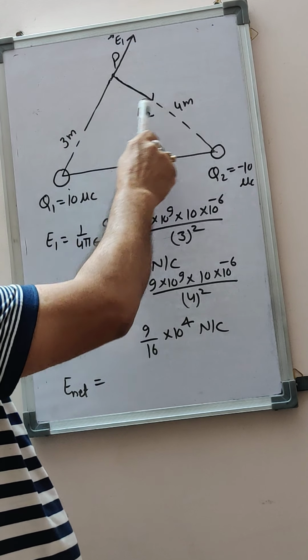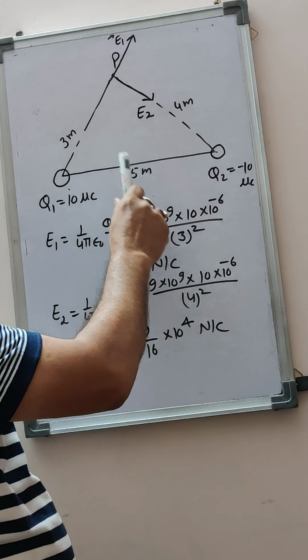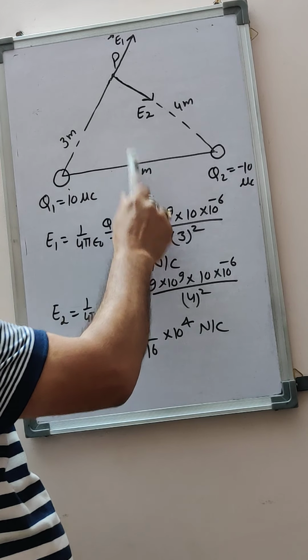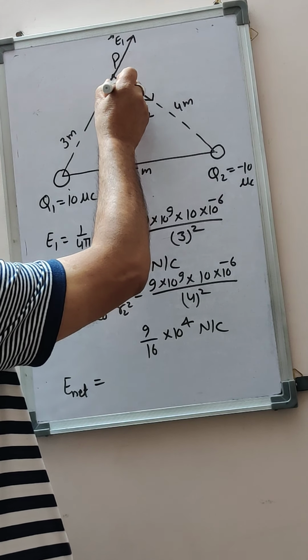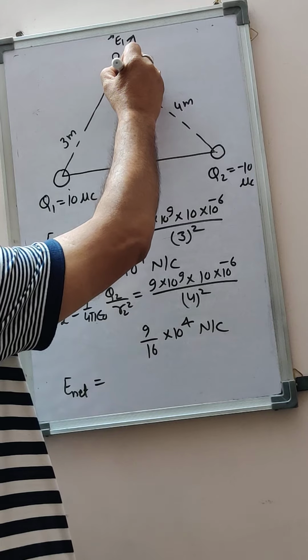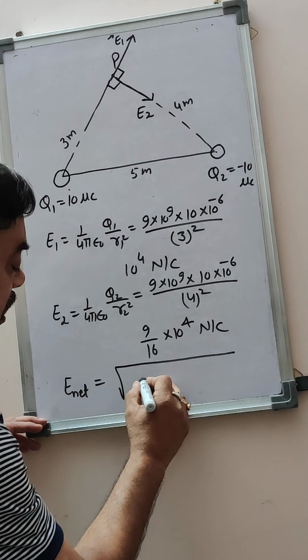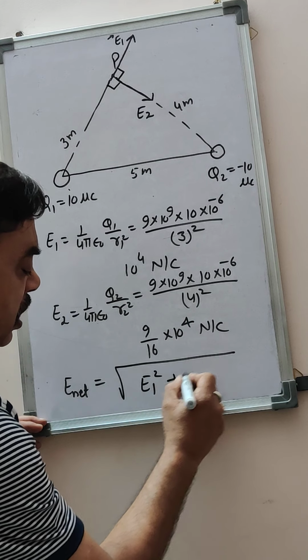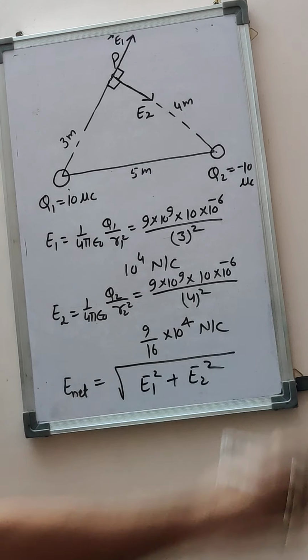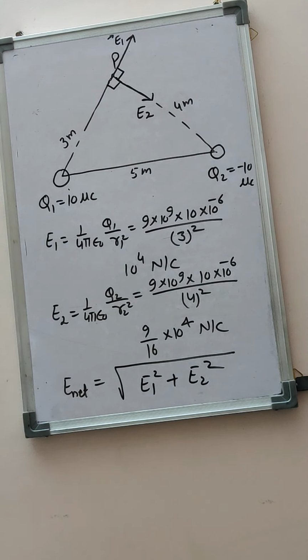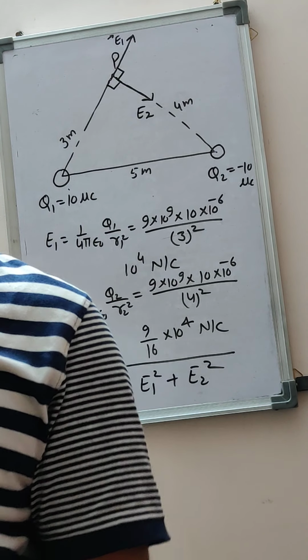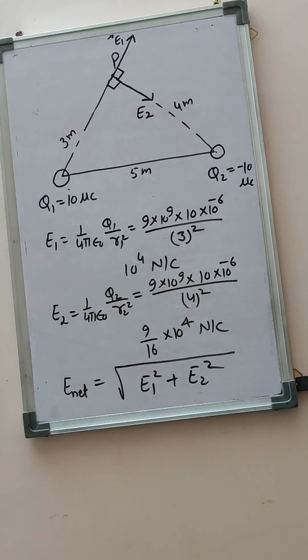In a triangle of sides 3, 4, 5 meter, the angle opposite to the 5 meter side is 90. So this is 90, this will also be 90. So for the net field, you will apply E1 square plus E2 square, and you will get the answer. You can solve it on your own and you will find the answer.